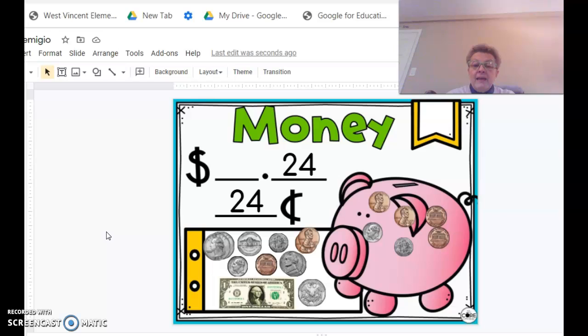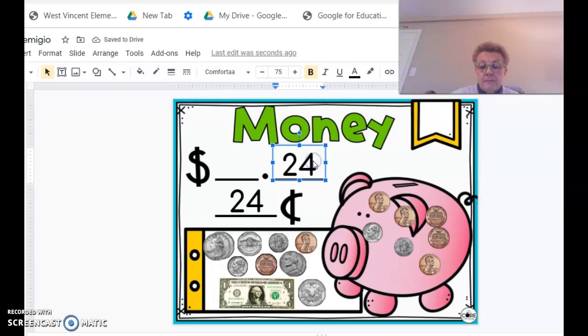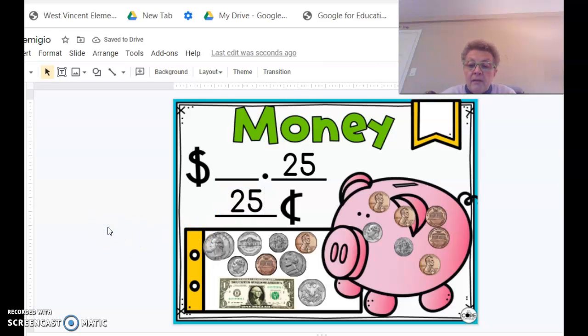Good. And our money. So today we are going to add a penny to our piggy bank because we are going to create 25 cents. Now I want you to take a close look at our piggy bank. Can we make an exchange? Think about what we could do here.